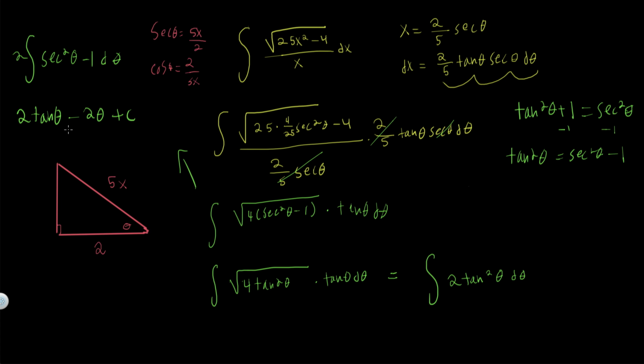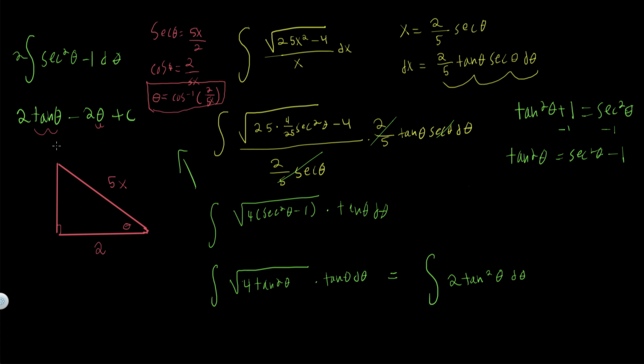Now, we, however, want tan of theta, and then we also want theta in terms of x. Well, we can already get theta in terms of x by taking an inverse here. So theta is equal to cosine inverse of 2 over 5x, right? We can solve for theta from any of these equations by taking an inverse. So that's good. We got that.